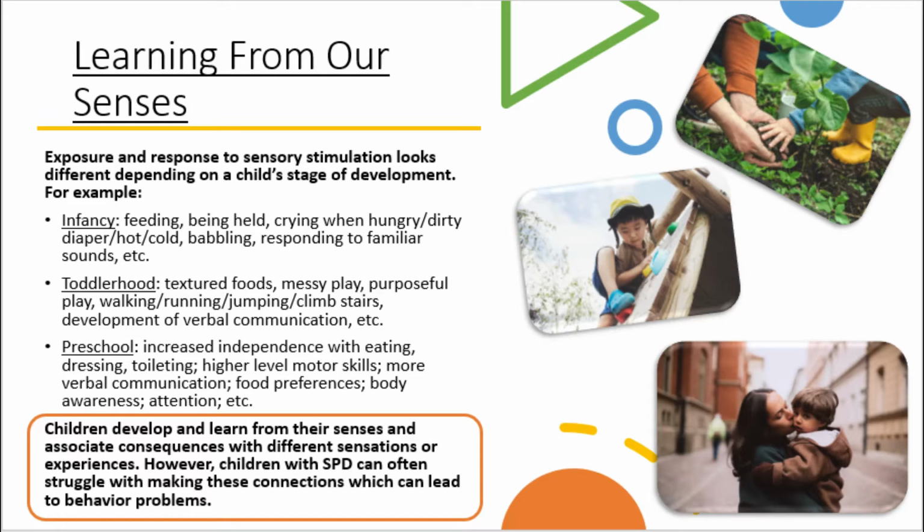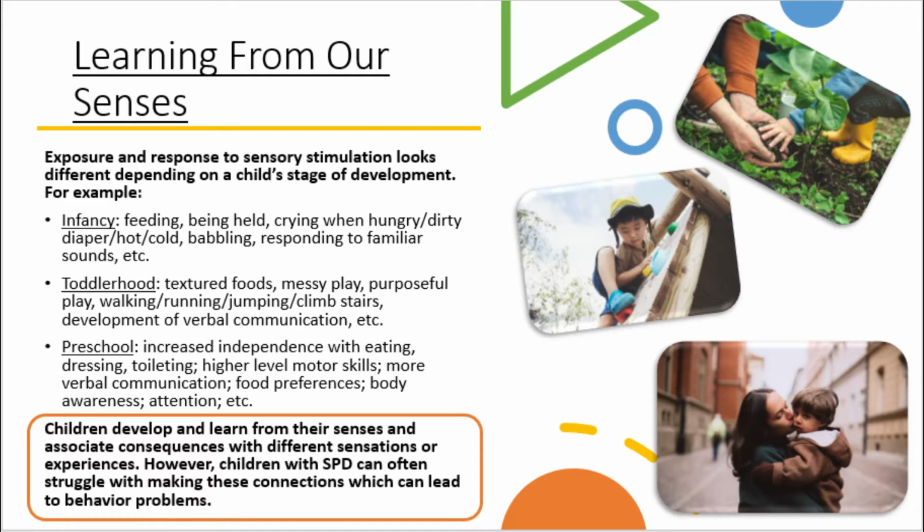We learn from our senses without even thinking about it. Exposure and response to sensory stimulation looks different depending on what stage of development a child is in. For example, infants are mostly concerned with feeding, being held, sleeping, crying to communicate when they're hungry or need a diaper change, or maybe they're hot or cold.